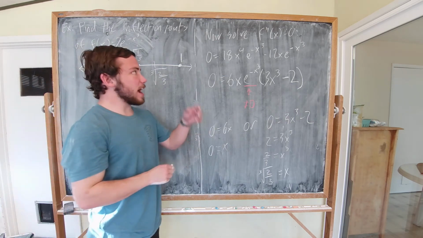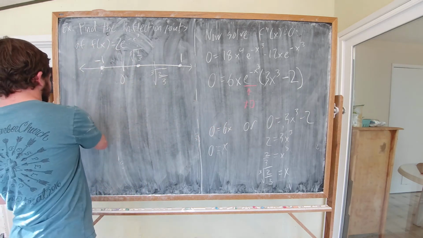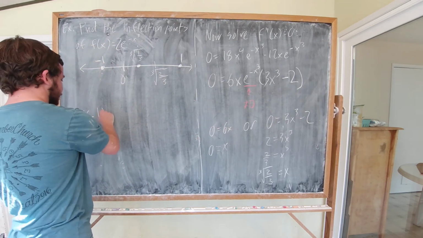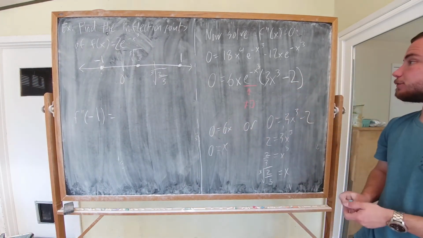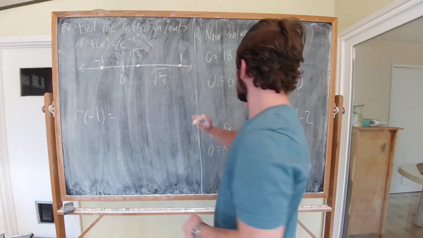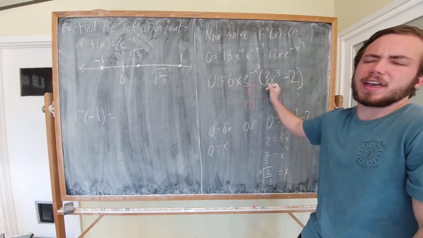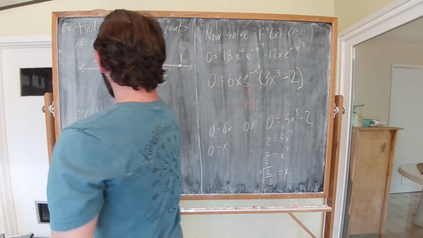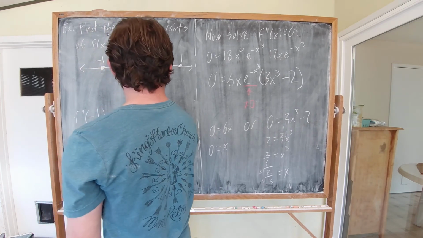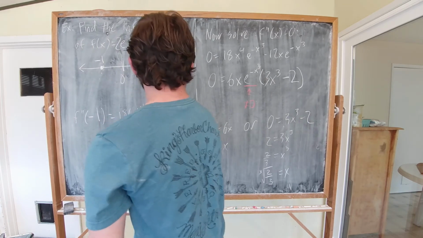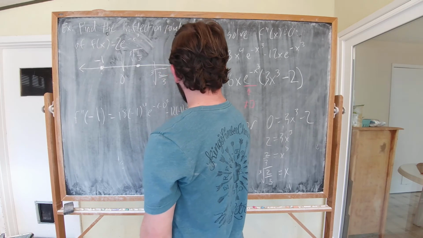Okay, if we check f double prime of x at each of those test points, f double prime of -1 is, let's see here, plugging it in to this, or to that, either or. 18 times -1 to the 4th power times e to the -1 cubed minus 12 times -1 e to the -1 cubed.